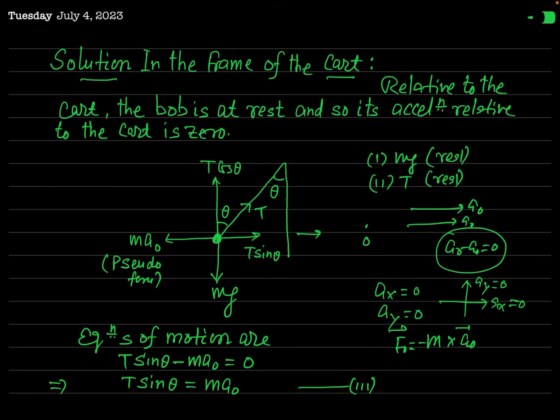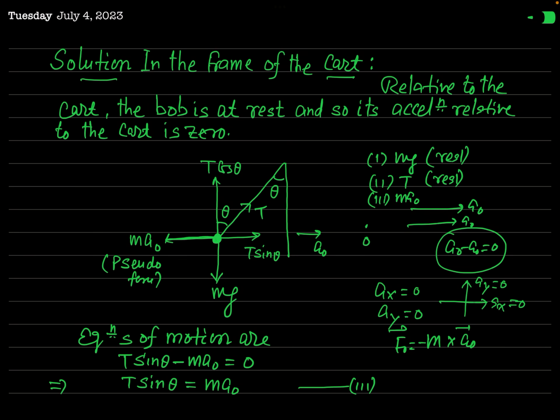Since the acceleration of the frame is in positive x direction, on this bob you have to exert the pseudo force ma naught in the negative x direction. I have already shown this force in negative x direction, so I have not written the minus sign.